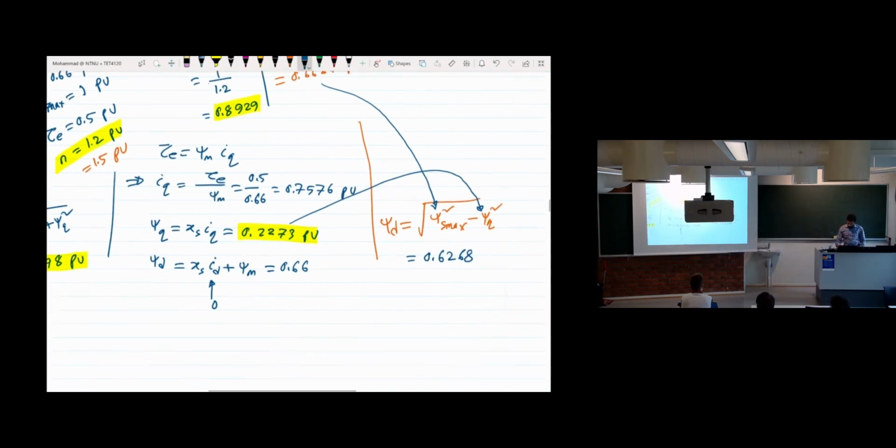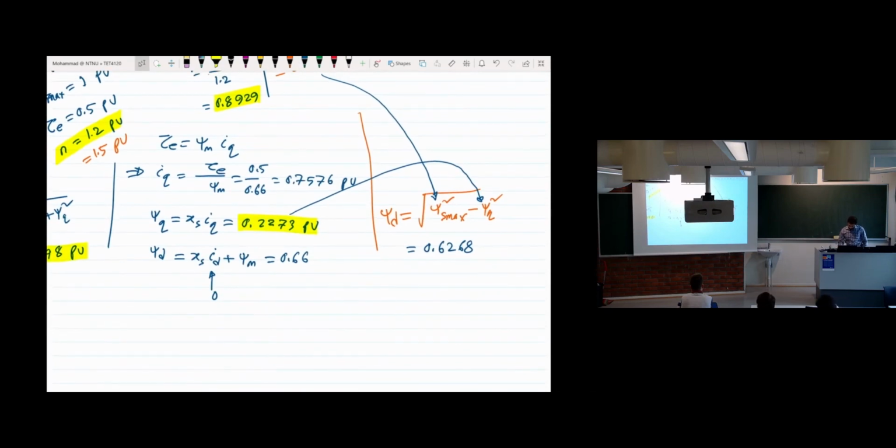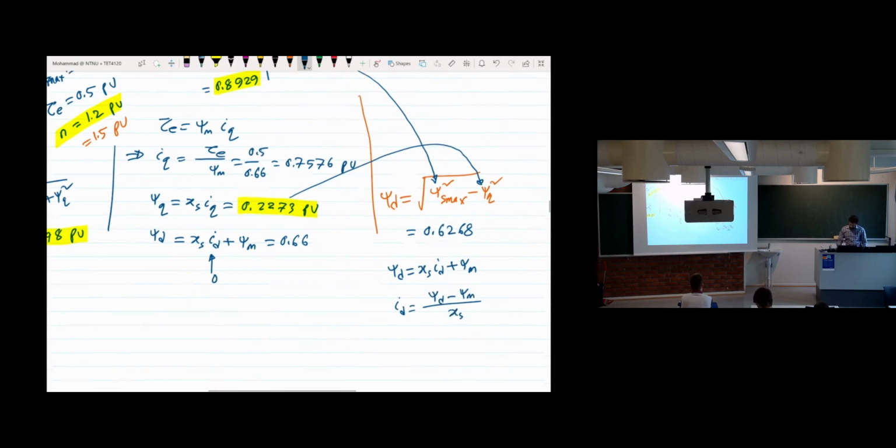So to do field weakening, if you remember the equation for psi d, which is xs id plus psi m, we need to calculate the d-axis current from here, which is psi d minus psi m over xs.